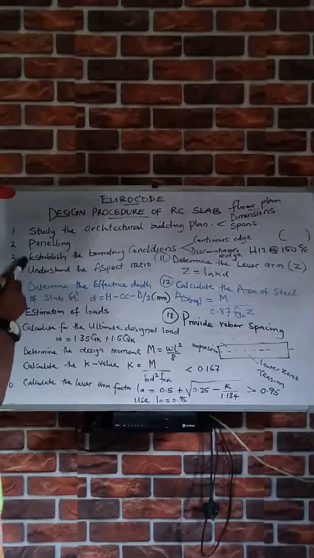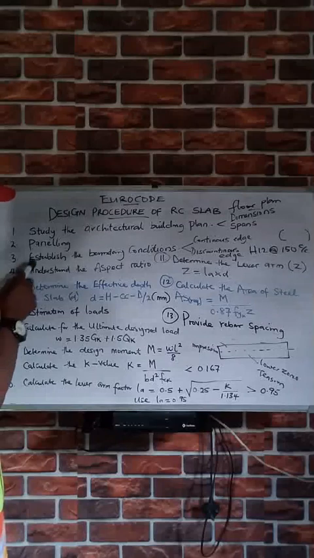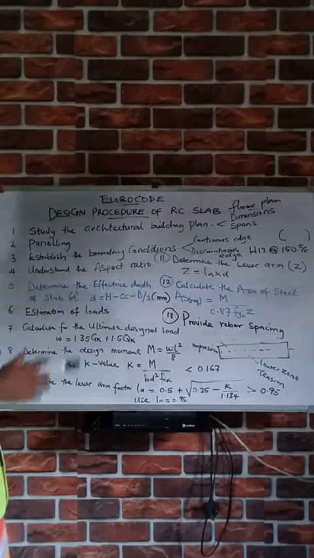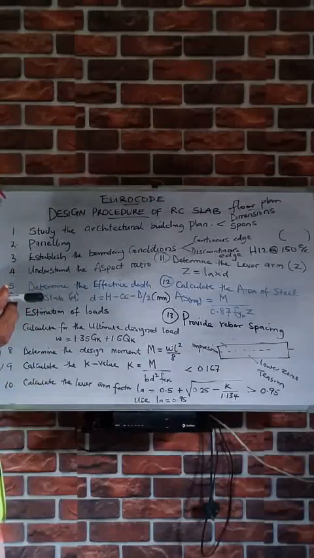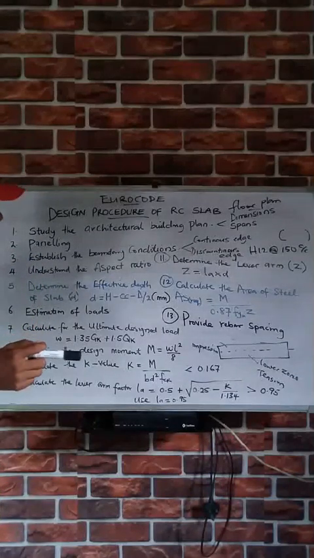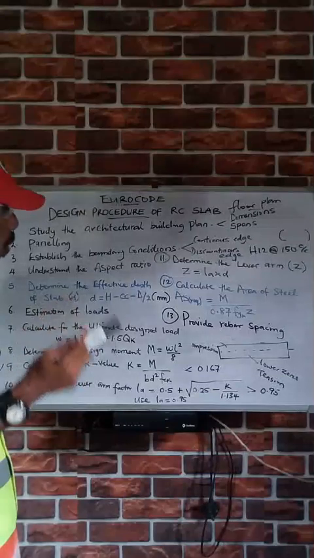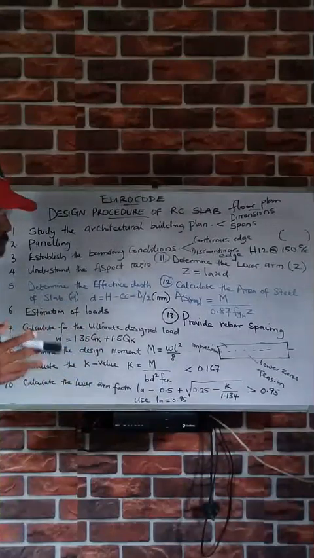Okay, we also see this, because you need two of these to be able to extract the moment coefficient that you use to design that particular panel. All right, so as we progress, we're going to see all of that play out.